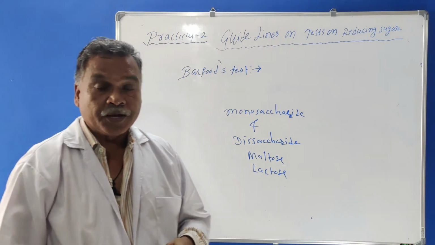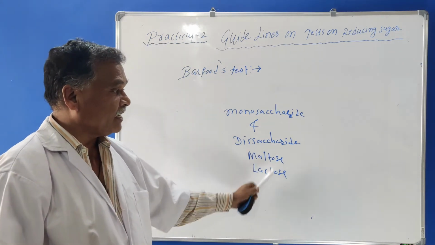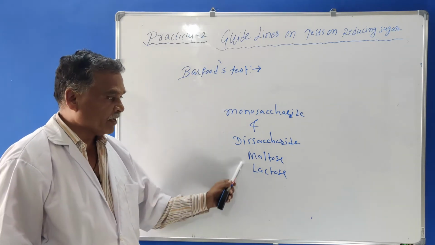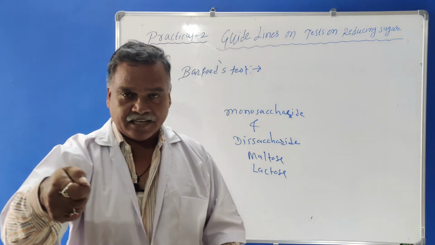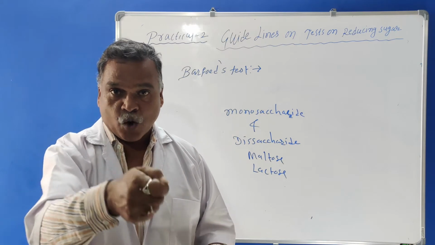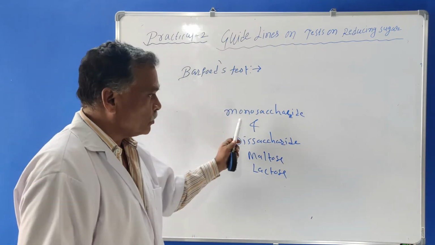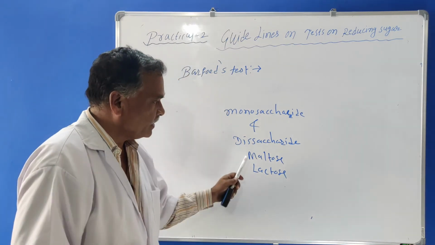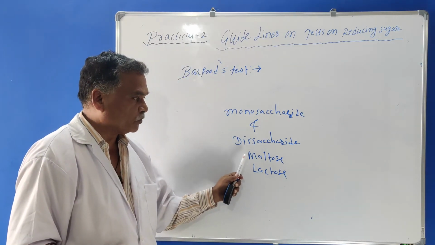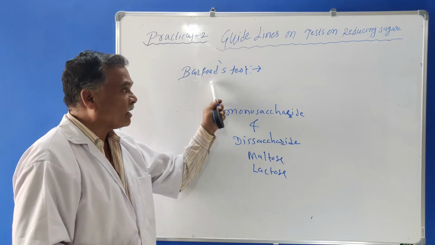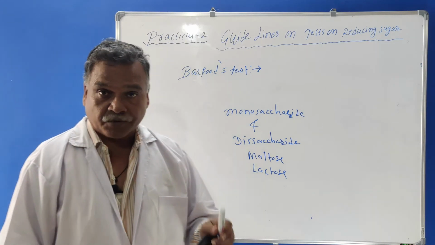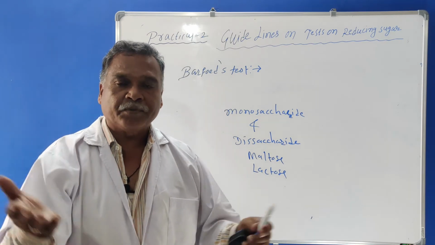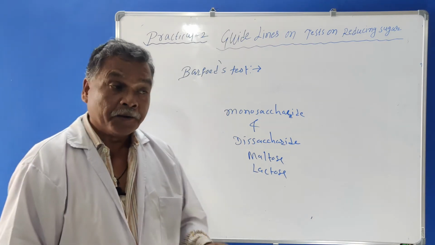But these disaccharides cannot give a positive Barfoed test, because there is a difference in the time of boiling. For monosaccharide we boil only for 2 minutes. If we boil the solution of disaccharide with Barfoed reagent for 15 to 20 minutes, then a false reading can be given, meaning red precipitation can occur.